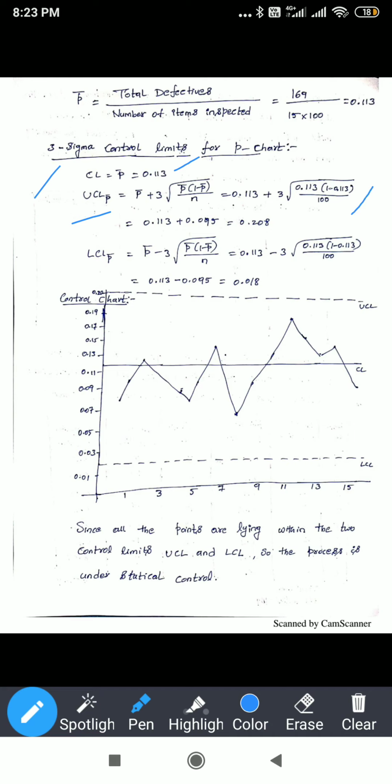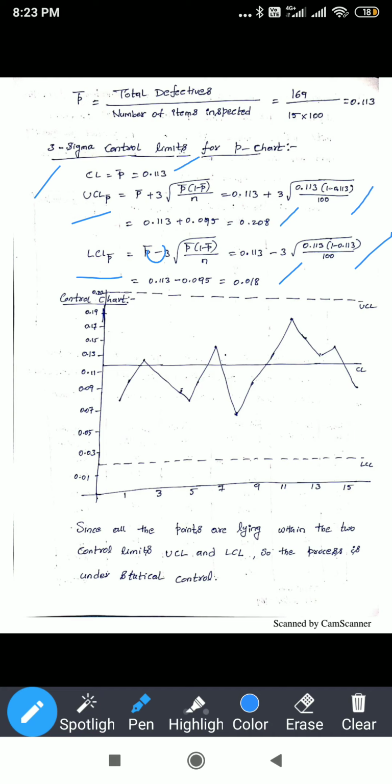Substituting all the values, you get UCL is 0.208. Similarly, instead of plus, you write minus in the LCL. Substituting all the values, you get 0.018 for LCL p bar. Okay, so now you have p bar, UCL p bar, LCL p bar.